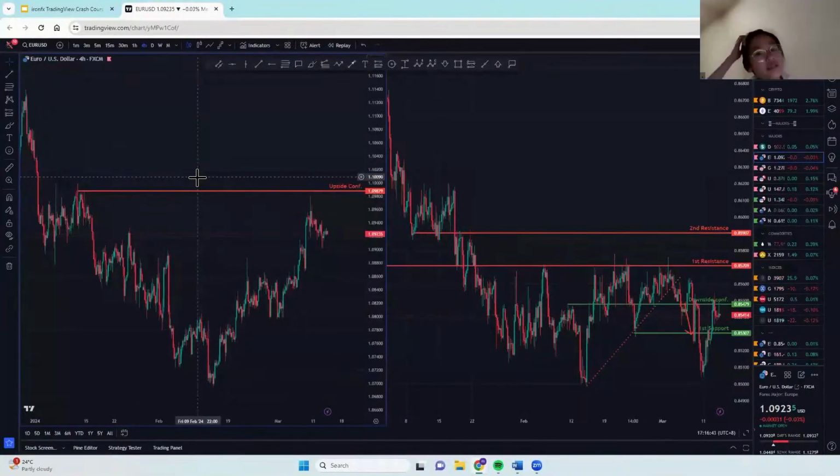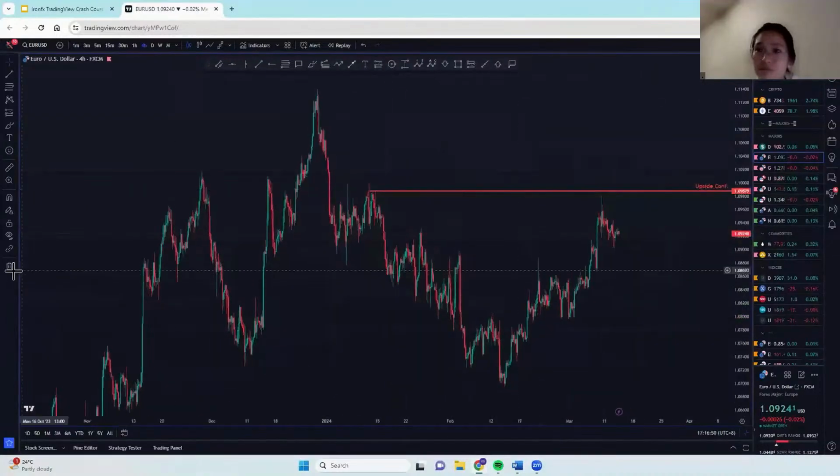Okay, so I think maybe to start off, let's take a look at our euro dollar together.